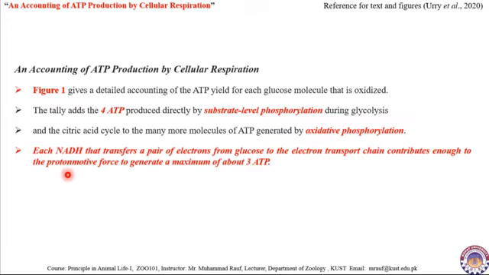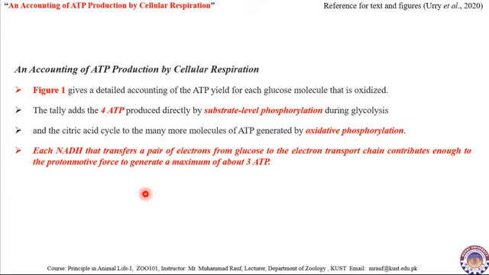Because the electron transport chain is not directly coupled with the synthesis of ATP molecules, when these electrons are passed from one carrier to another through a series of oxidation reduction reactions, these reactions release energy, and that energy is used to pump protons from the lumen into the intermembrane space.